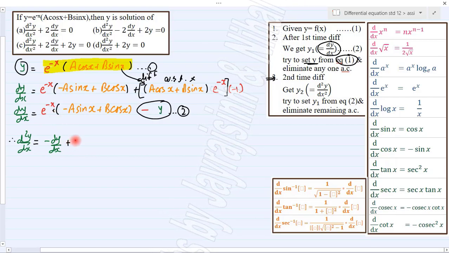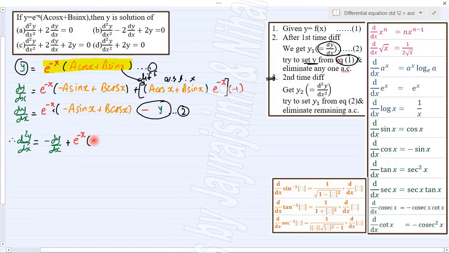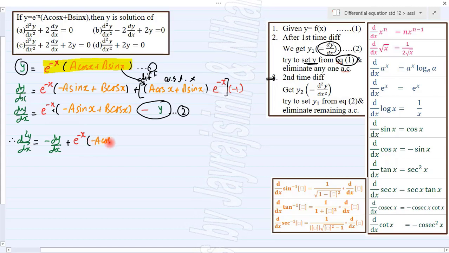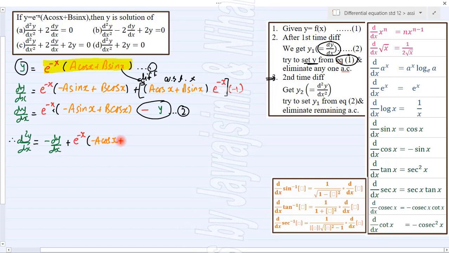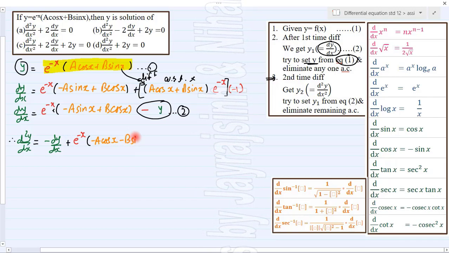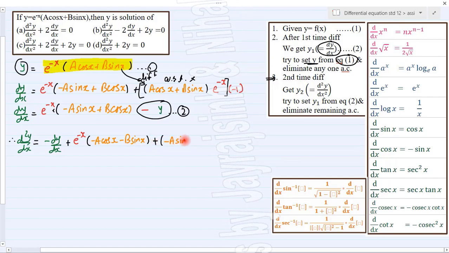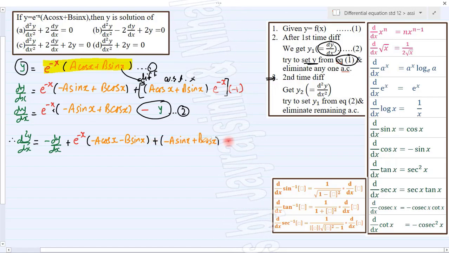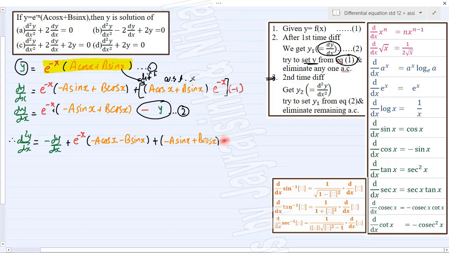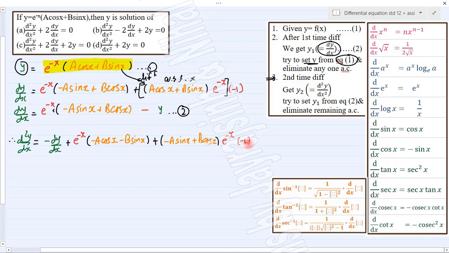So let's say in the first term, your e raised to minus x is as it is, and differentiation of minus a sin x will be minus a cos x, plus differentiation of b cos x will be minus b sin x, plus in the second term, your whole bracket will be as it is, and we just have to differentiate e raised to minus x. So it will be e raised to minus x into minus 1. So we get our d square y by dx square.